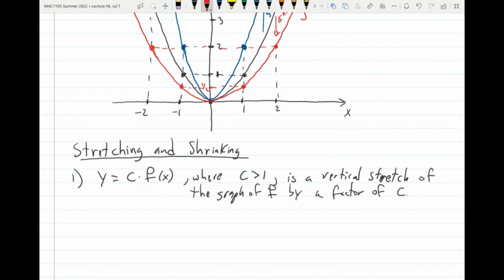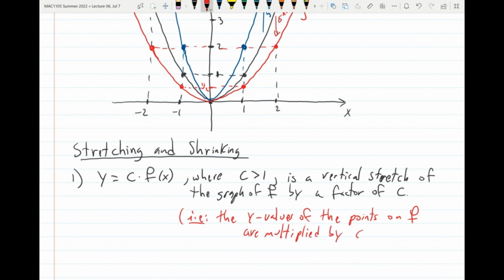So let me explain a little bit more what I mean by this. So i.e. the y values of the points on the graph of f are multiplied by c.